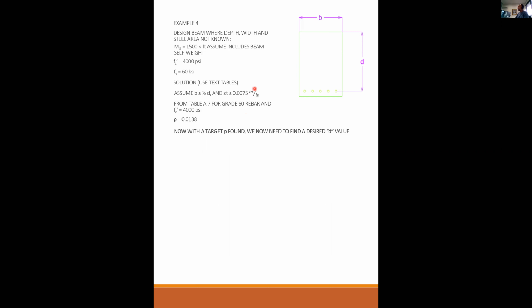This is a target, just a guide to say we want to be around 0.075. What we actually end up with depends on what I choose for the height of the beam, the width of the beam, and the steel configuration, which will determine what epsilon sub t really will be, but we're aiming for this 0.075 from the get-go.